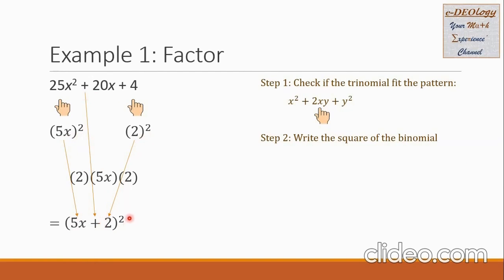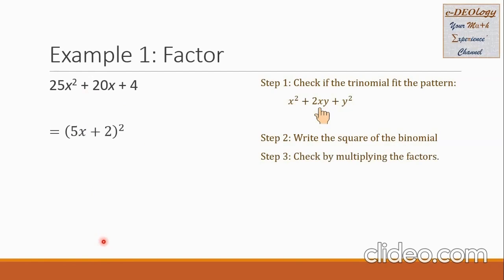And then we will not forget the square outside. So this is our answer, the square of 5x plus 2.